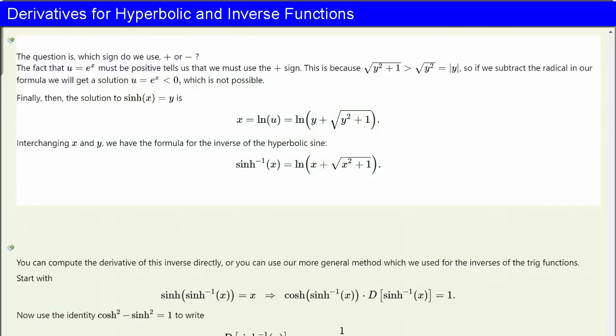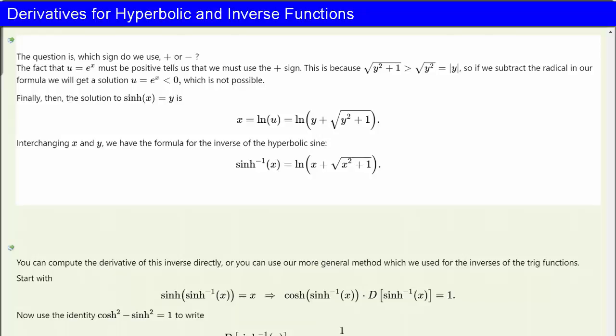The fact that u equals e to the x must be positive tells us that we must use the plus sign. This is because the square root of y squared plus 1 is bigger than the square root of y squared, which equals the absolute value of y. So if we subtract the radical in our formula, we will get a solution u equals e to the x less than 0, which is not possible.